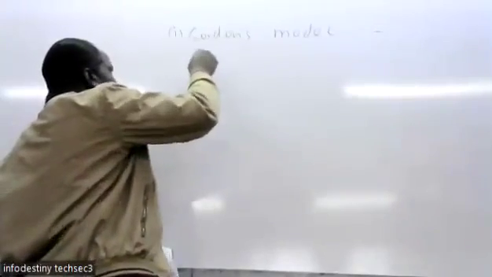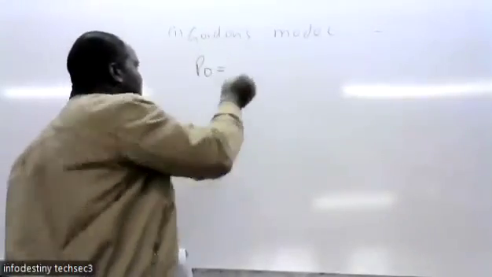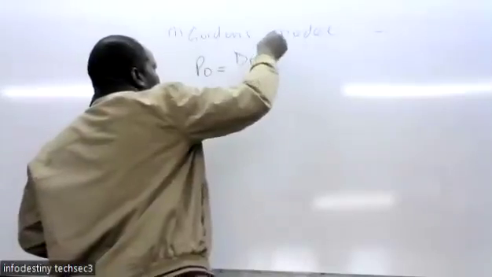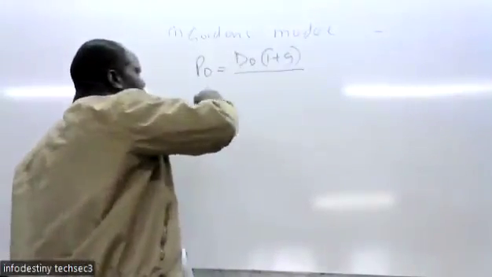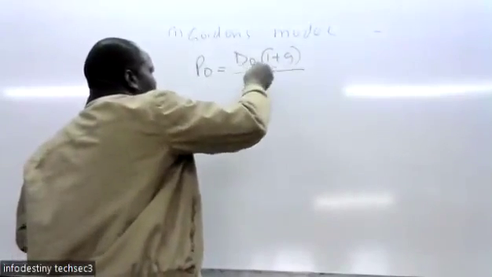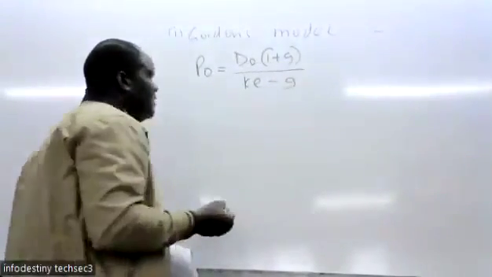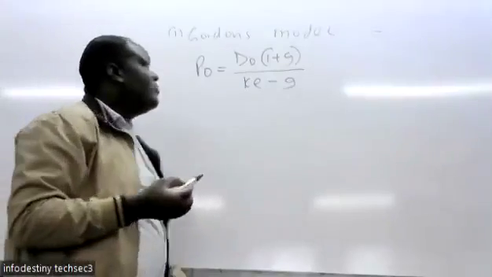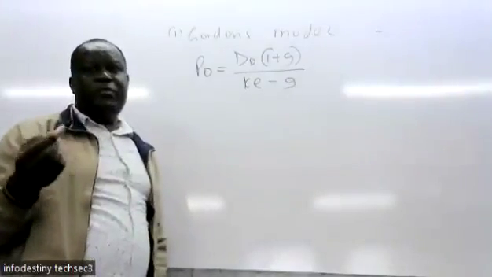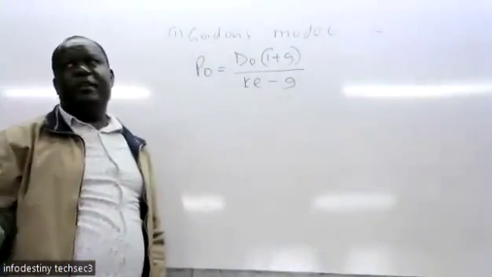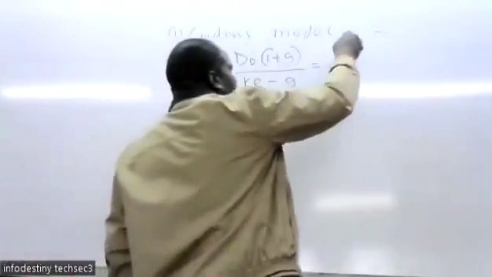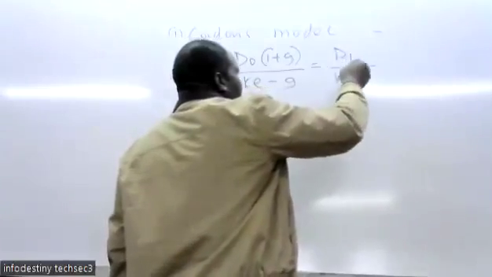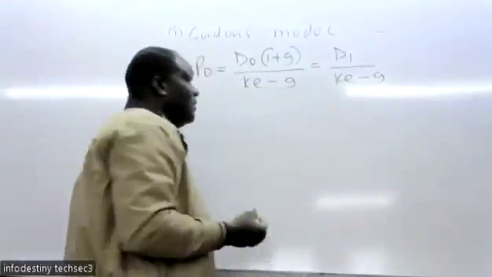So P0 is given by D0 in brackets of 1 plus g, then we divide by Ke minus g. This is the same as D1 divided by Ke minus g.